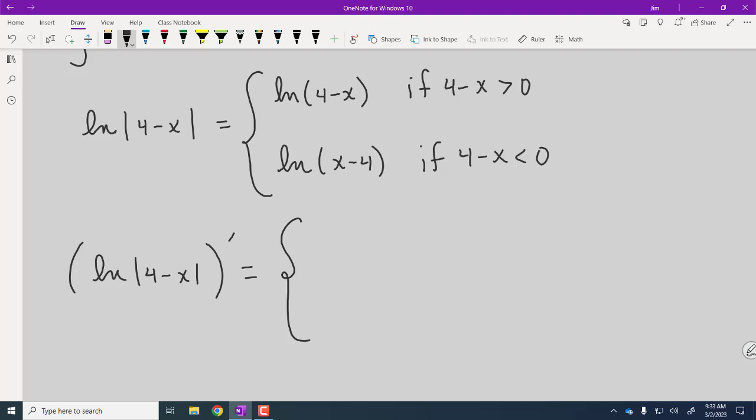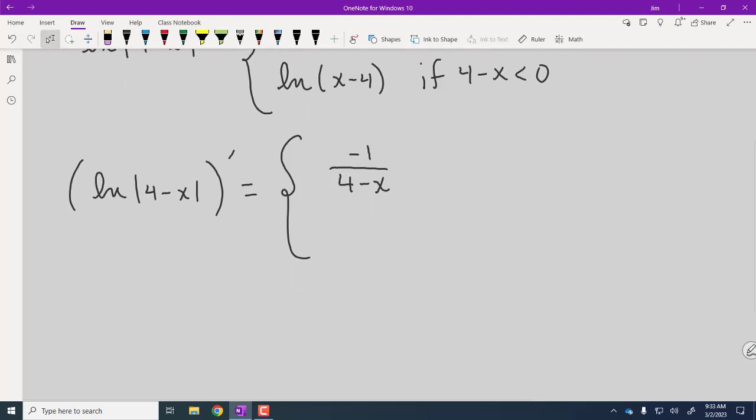What is the derivative of this piece? 1 over 4 minus x, and then we have to multiply by -1 for the chain rule. The derivative of a log is 1 divided by the inside multiplied by the derivative of the inside.